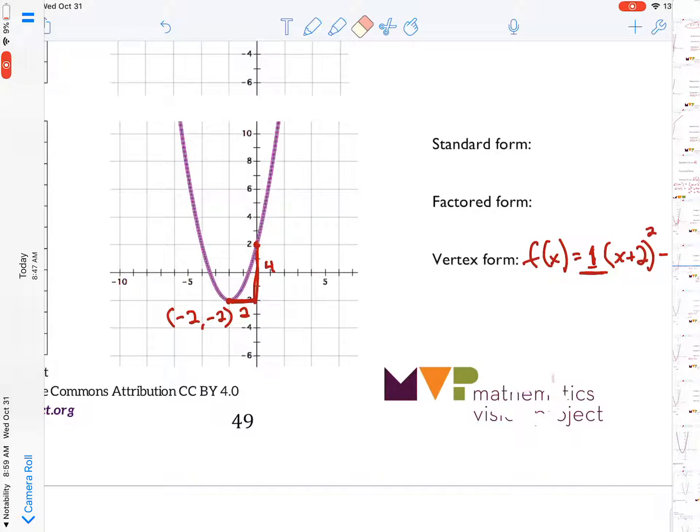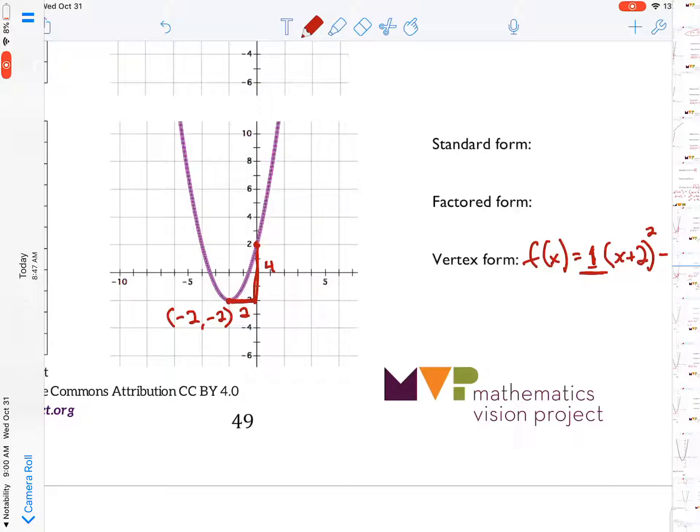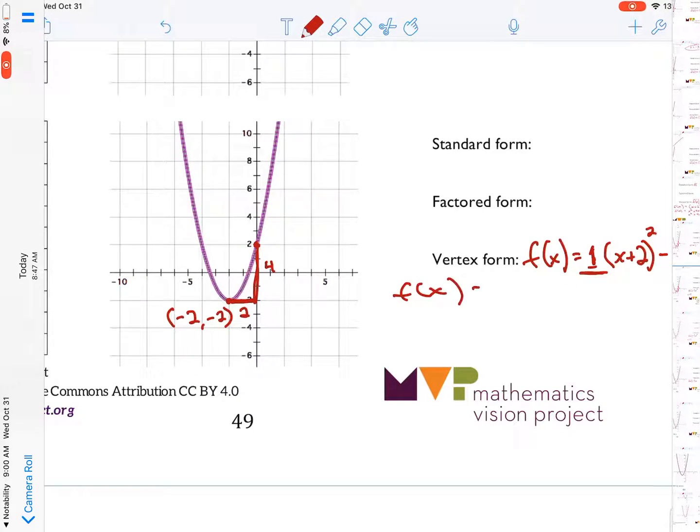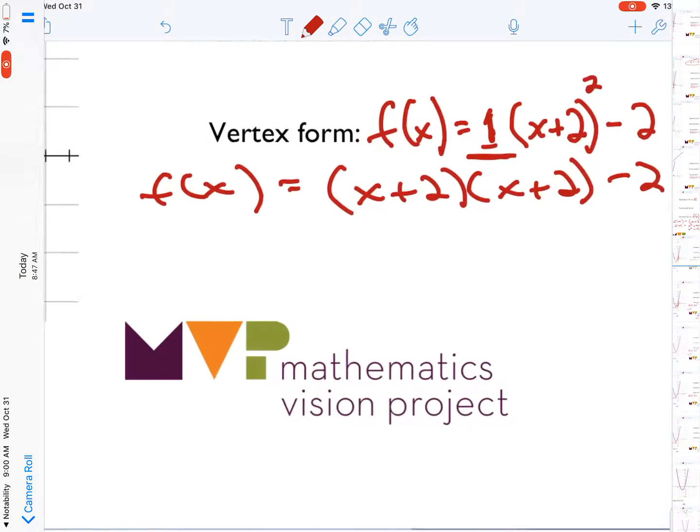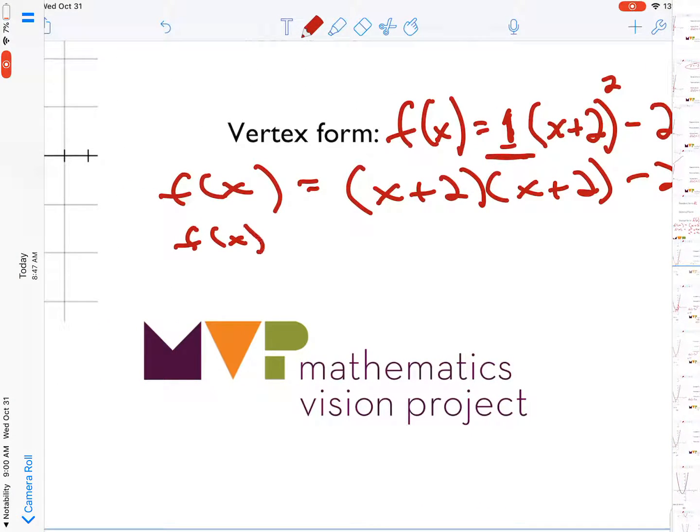Okay, now to take it from vertex form to another form, like standard form, for example. So standard form, we have to take our function, and we have to FOIL and combine like terms, and we will end up in standard form.